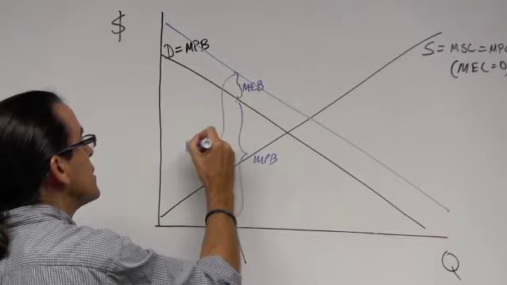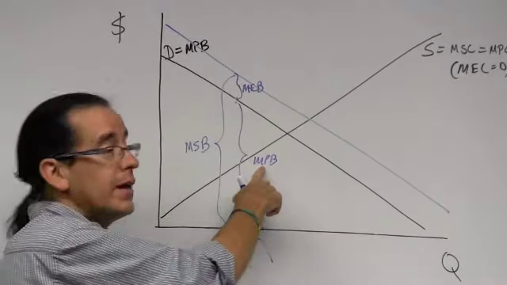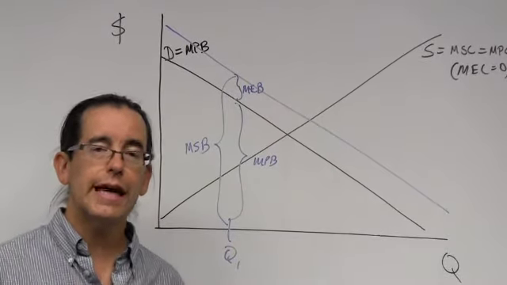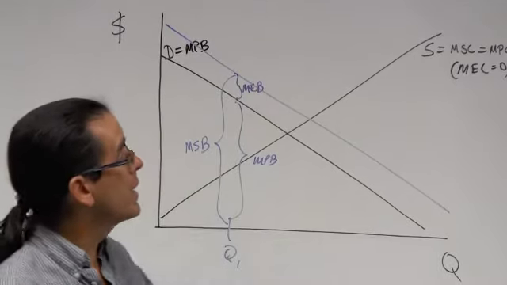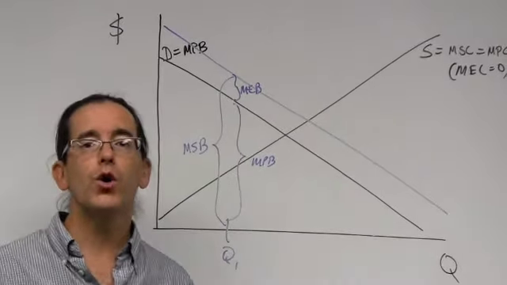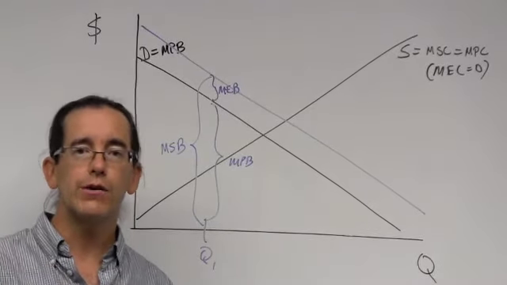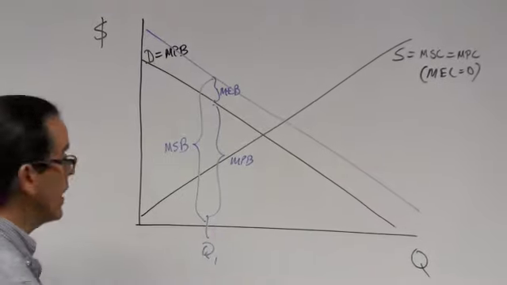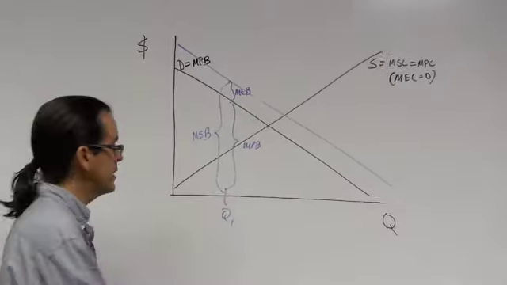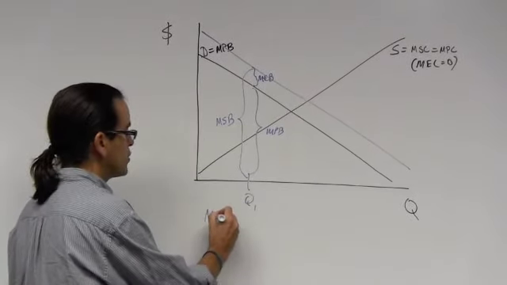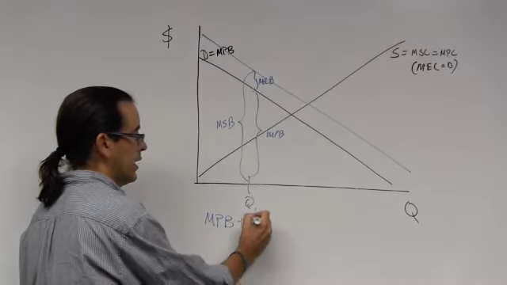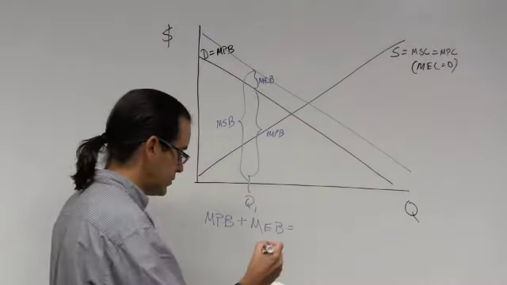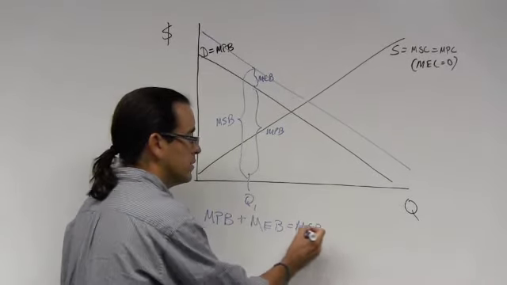And then you sum the marginal private benefit and the marginal external benefit, and that gives you the marginal social benefit. Again, this idea of the social benefit, much like the marginal social cost, is that we want to know what all the benefits accruing to society are, regardless of who pays or not. So we can do the usual, like we did in the previous video on negative externalities. Marginal private benefit plus marginal external benefit equals marginal social benefit.